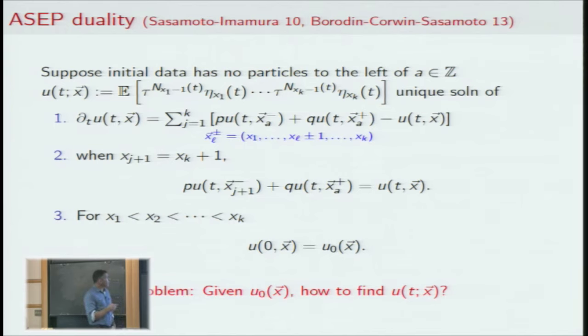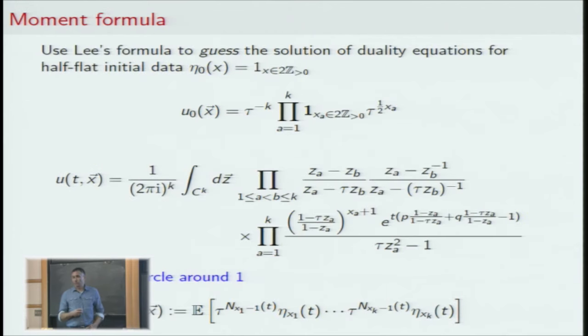The problem with this scheme is that if you're given an initial condition, you don't know how to find u(t,x). It's only been done in cases where you sort of knew u(t,x) already from Macdonald processes, which is basically this point-to-point case. So how do we find u(t,x)? We just guess.